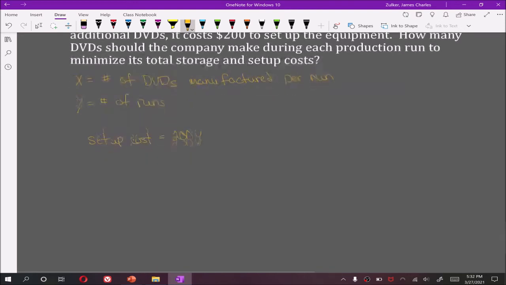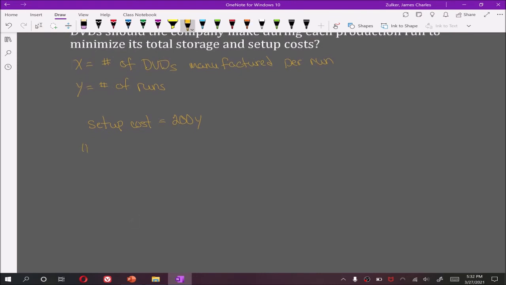Now, the number of DVDs in storage will go from X down to 0, right? So we produce X DVDs. They're being stored.